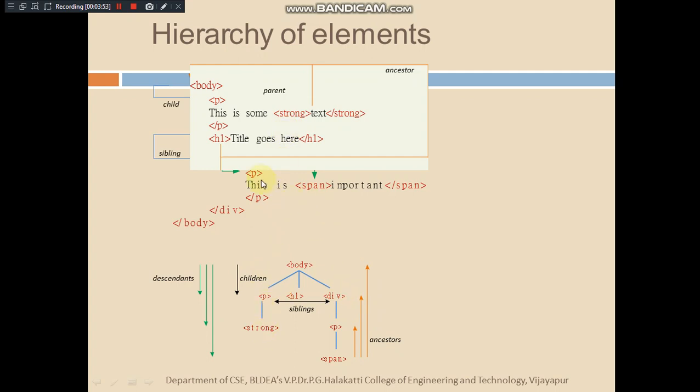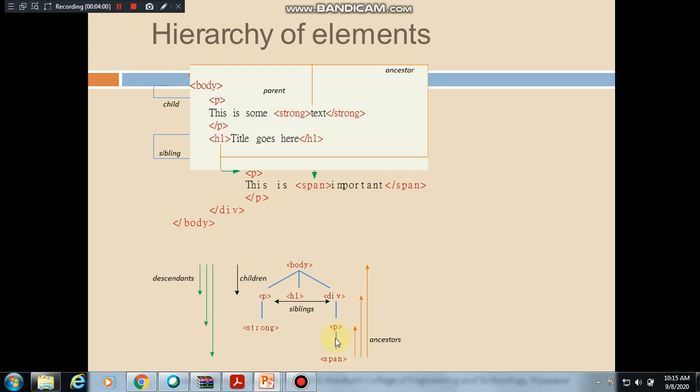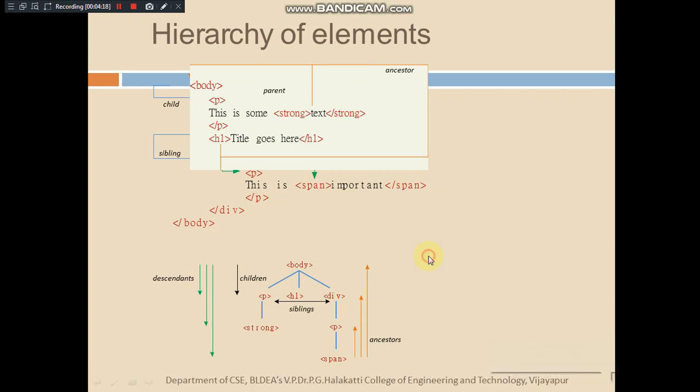Similarly, inside division you have a paragraph, so paragraph is a descendant of division. Inside this paragraph again we have a span element, so span is a descendant of paragraph. So this is the way we can show the hierarchy of HTML elements with a tree-like structure here. This is how we can say that the elements in HTML are nested one inside another.